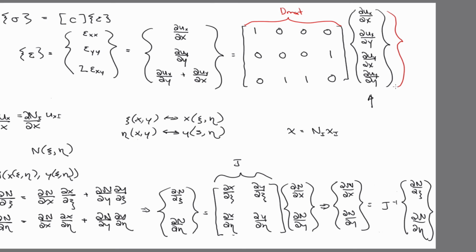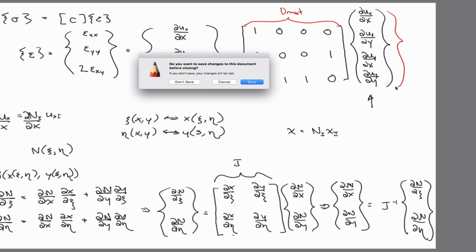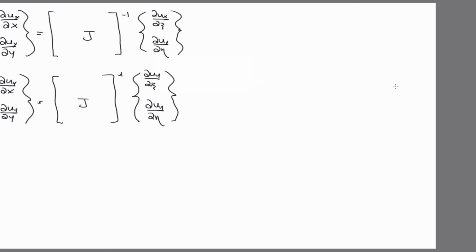But you know, partial u of x with respect to x, partial u of x with respect to y, partial u of y with respect to x, partial u of y with respect to y. It's one vector. That's what we need. We need something to put there, right? Well, if I just stack those two on top of one another, that's what I have, right? Okay. Problem is, well, it's not a problem. They just have to be consistent when we stack vectors and matrices, right?